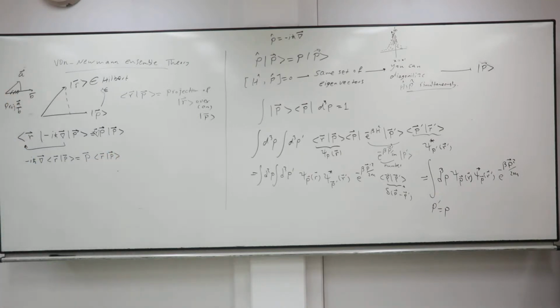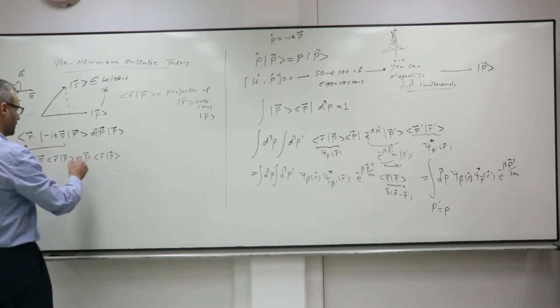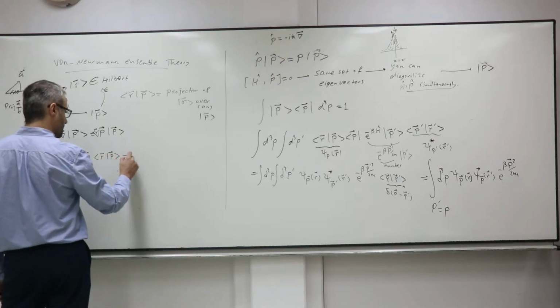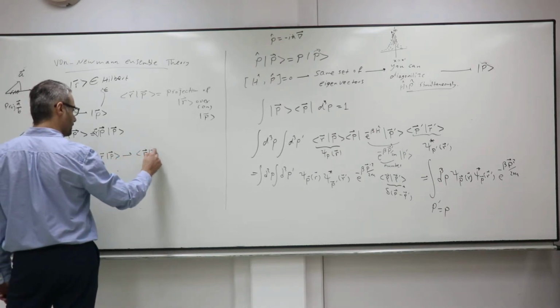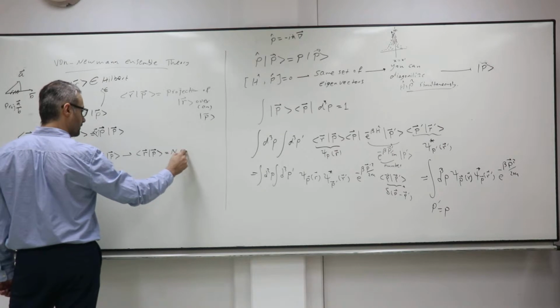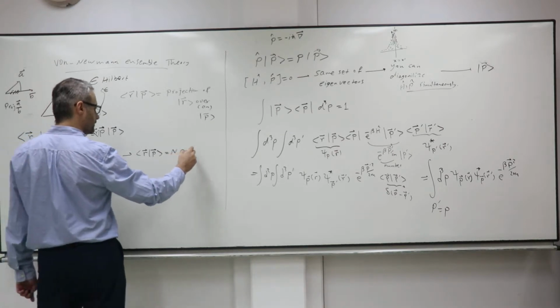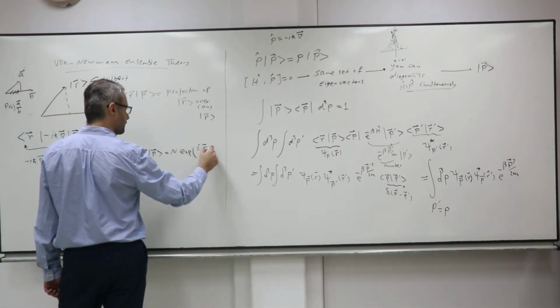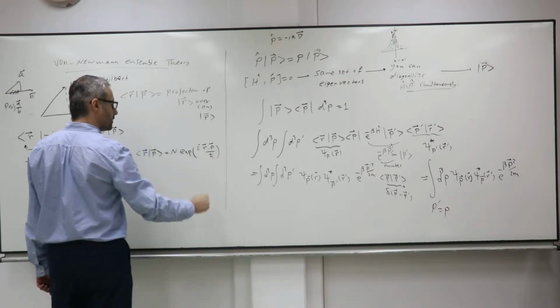And this equation is like minus i h bar partial derivative of x, for example, equal to something. So the solution of that, you know what is the solution of this? Exponential. This is the solution of this.